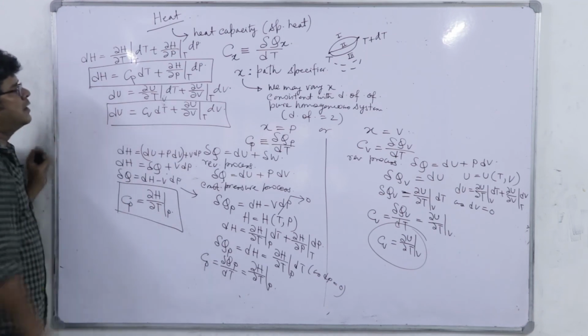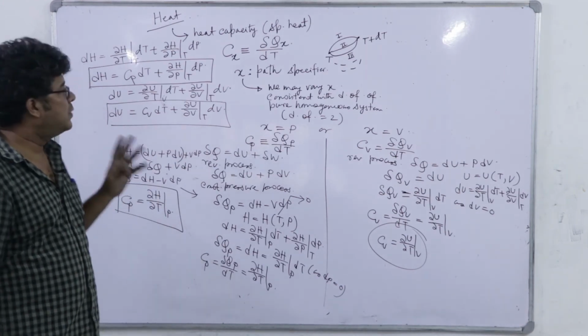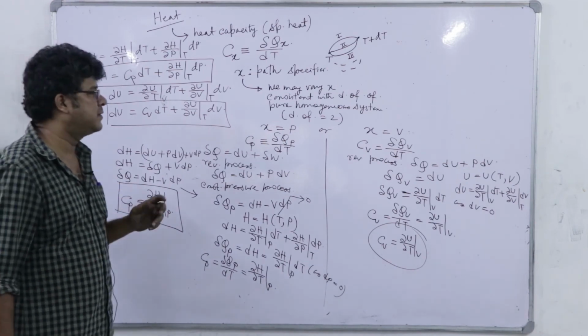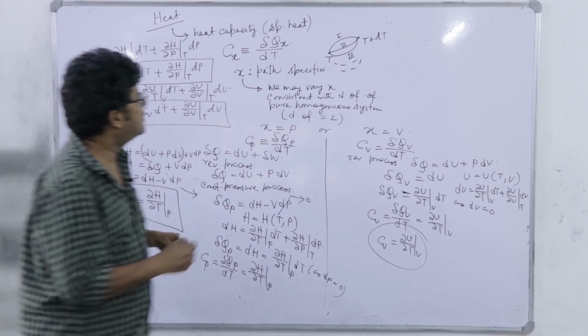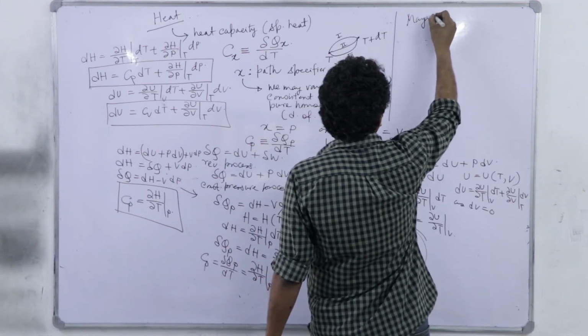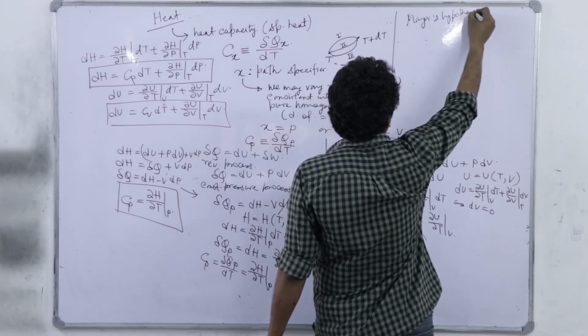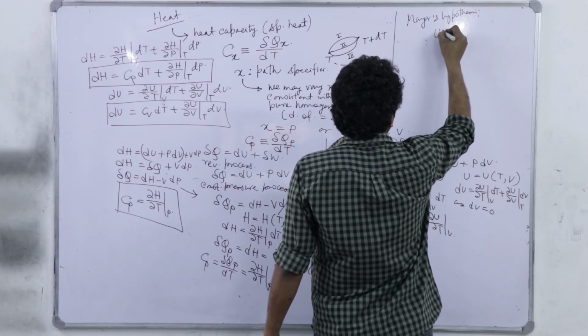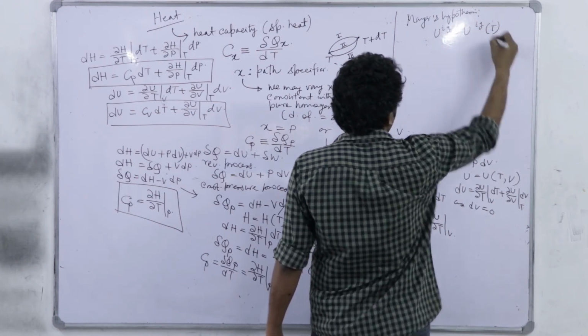Right. Now you see, before kinetic theory, we had something called Mayer's hypothesis, probably you have studied it in school days, which states that internal energy for an ideal gas is a function of temperature only.